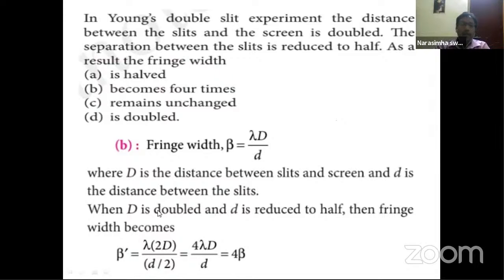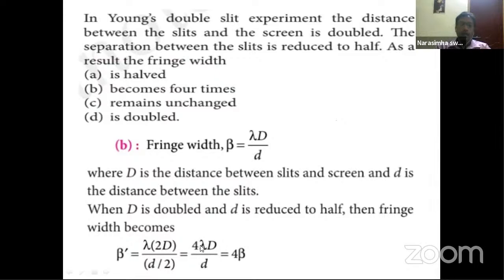Now if capital D is doubled and small d is reduced to half, then the fringe width becomes, so substitute all the values in this expression. Beta is equal to lambda as it is, D we wrote as 2D, and small d as d by 2. Then 2 comes here, then 4 lambda D by small d.